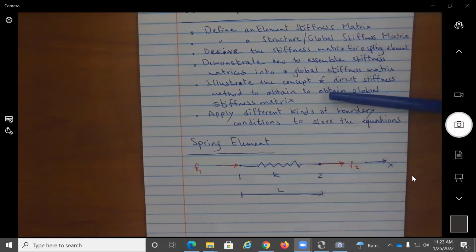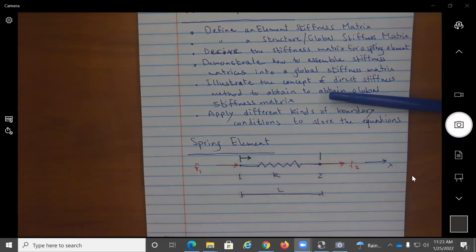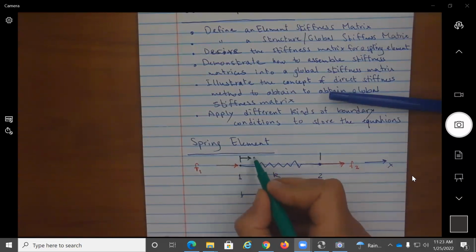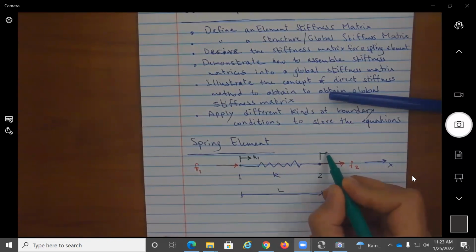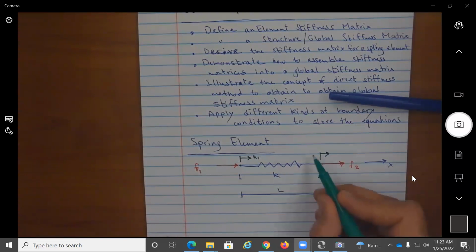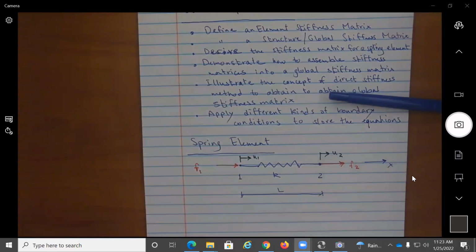As a result, when the spring deforms, node 1 is going to see a displacement in the direction x, which we're going to call u1. And node 2 is going to see a displacement in the direction x that we're going to call u2.